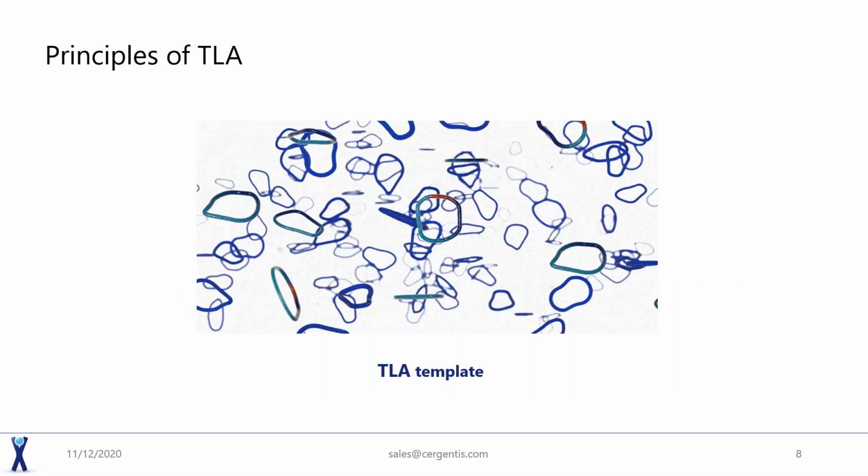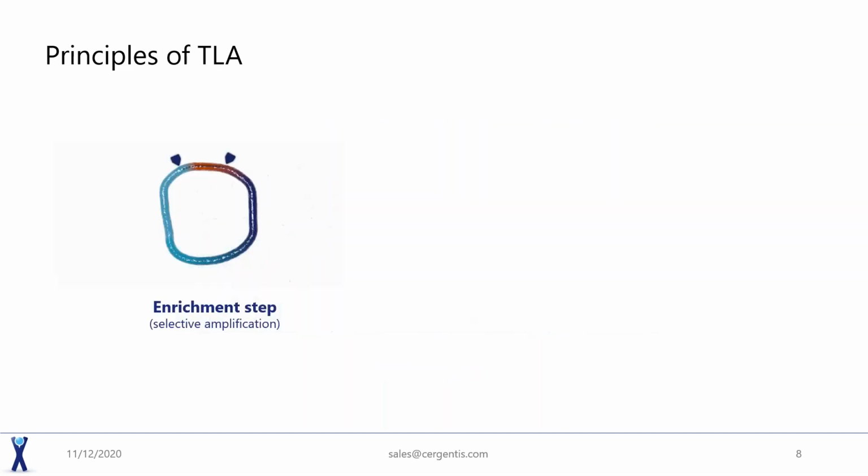So all that we've done until now is simply convert the genome into these circles, or TLA template as we call it. And what comes next, obviously, is the enrichment step. So there, we will actually design primer pairs, or should I say inverse primer pairs, that will be complementary to a short specific sequence of your locus of interest, or your transgene.